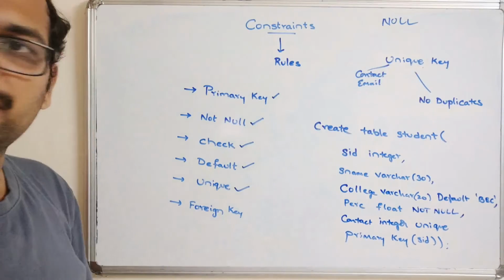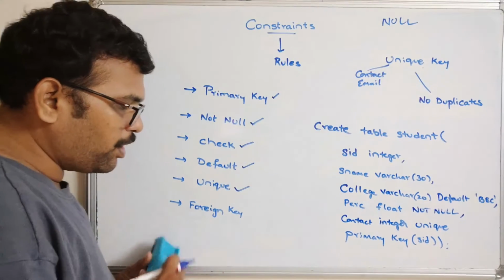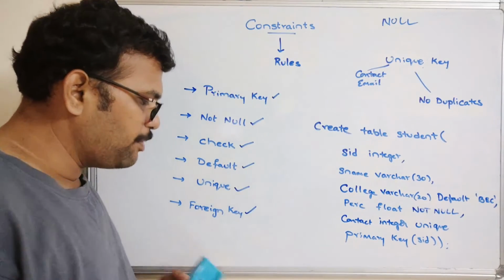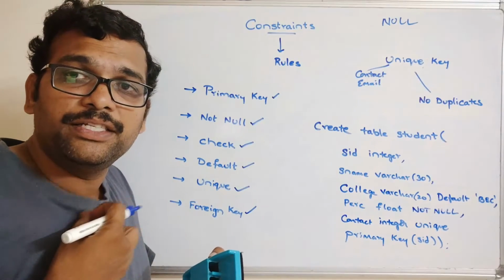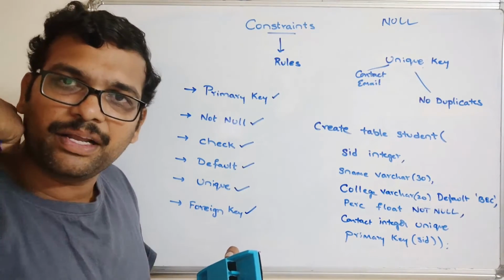So for this also we'll execute the query. And coming to the foreign key, we have discussed this foreign key. The foreign key is mainly used to relate two different tables.